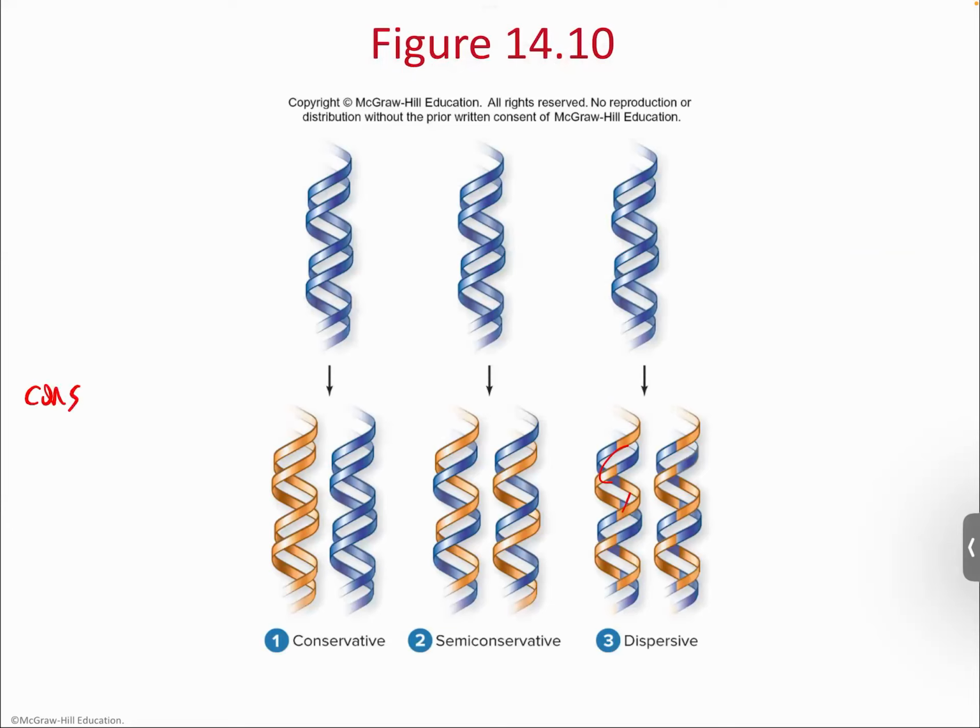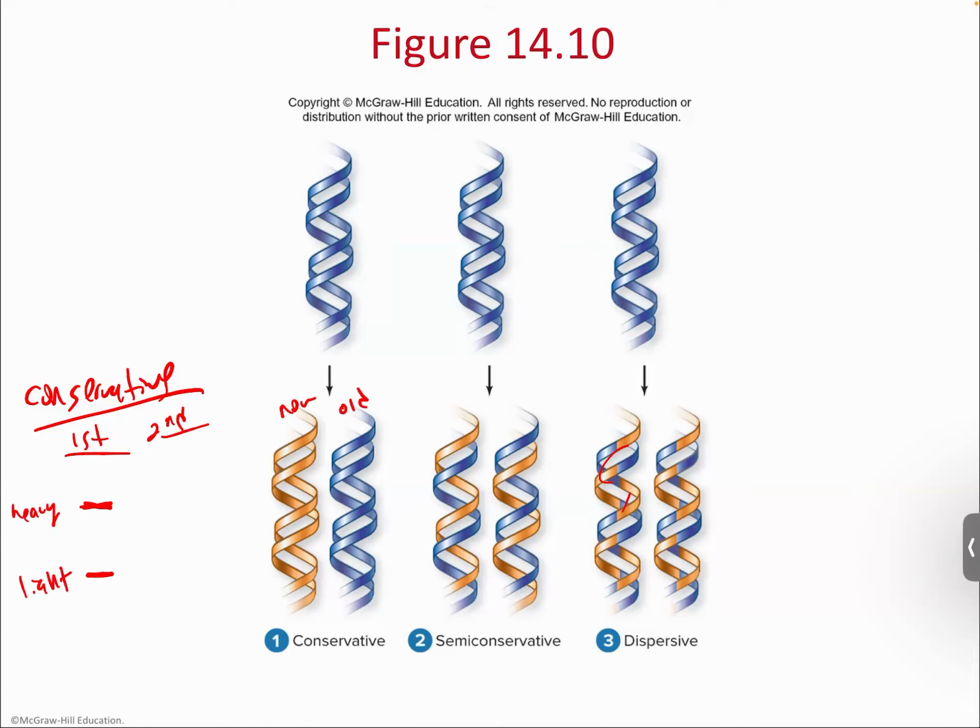From the conservative. So basically what's going to happen is you're going to have your first round of replication and your second round of replication. After the first round of replication, you're going to have an old strand and a new strand. But remember, the old strand is heavy because it has heavy nitrogen in it, right? So you would expect, if you run this out on a gel, to have a heavy band and a light band after the first round of replication.